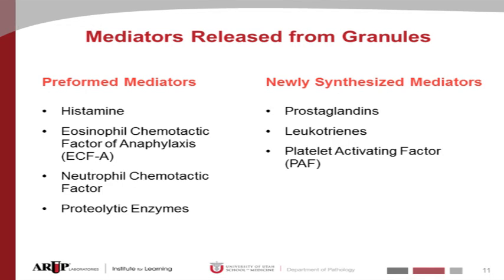Leukotrienes, an important one being slow-reacting substance of anaphylaxis, which is very potent, 100 times stronger than histamine. And platelet activating factor, which causes platelet aggregation, promotes inflammation, vasodilation, and production of rapid shock syndrome.